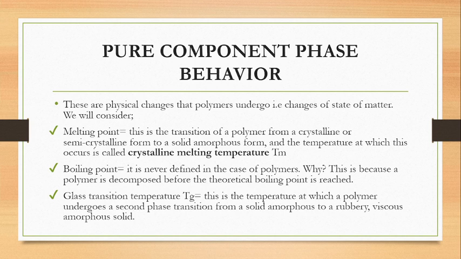They may not be the same as for every other substance; they may be unique to polymers. So let us dig into them. These are physical changes that polymers undergo, that is, changes of state of matter.